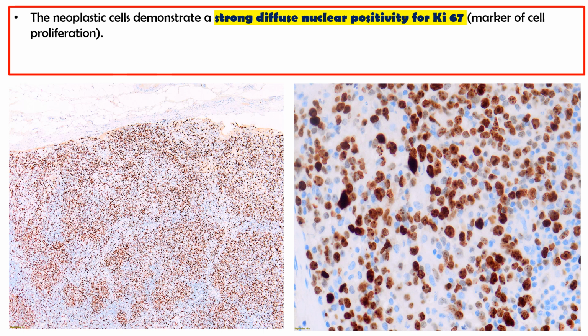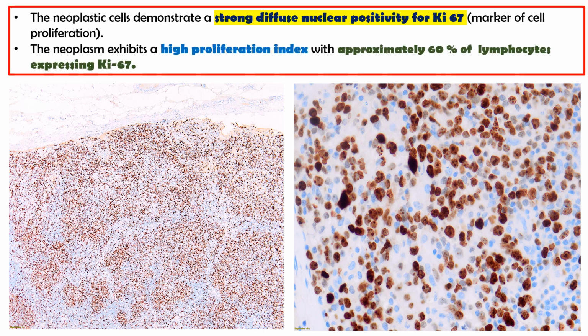The neoplastic cells demonstrate a strong diffuse nuclear positivity for Ki67, a marker of cell proliferation. The neoplasm exhibits a high proliferation index, with approximately 60% of lymphocytes expressing Ki67.